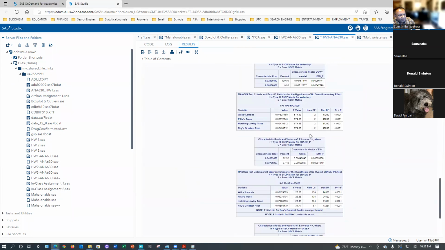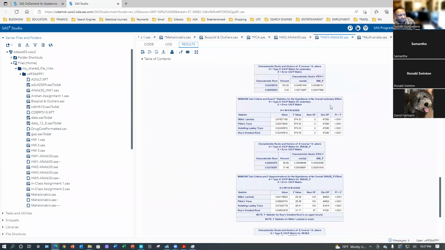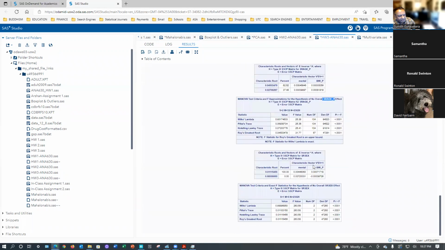This one here is for the sedentary. This one is for the age. This one is for the sedentary. Sedentary, age, and 6. See, three of them.